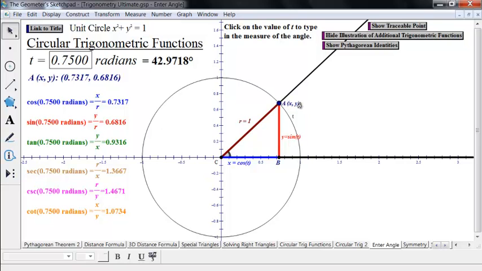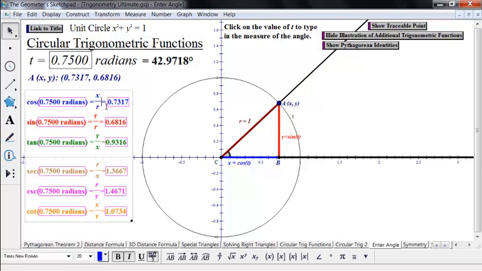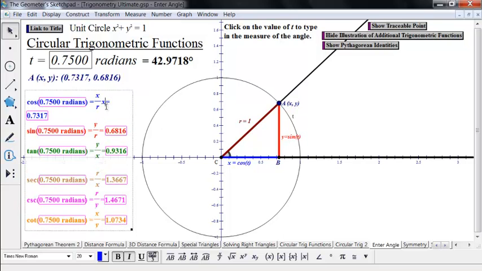If we take a point on the terminal ray, the initial ray of course is down here on the x-axis, and the terminal ray is where it spins until it ends up, that point A has coordinates x, y. Remember the radius is 1. So cosine is x over r, which is really just x in this case, since r is 1.